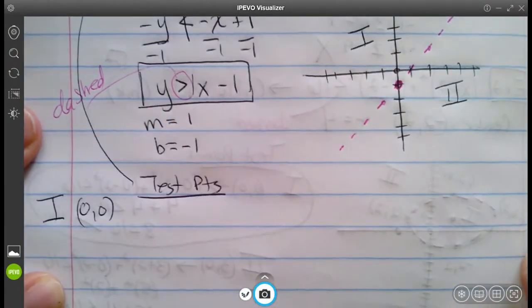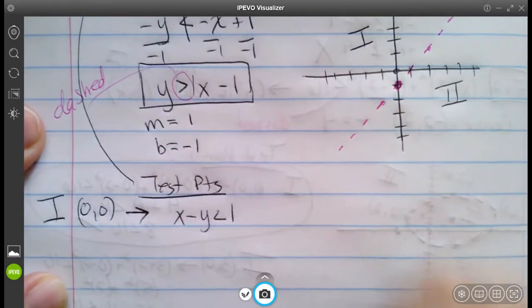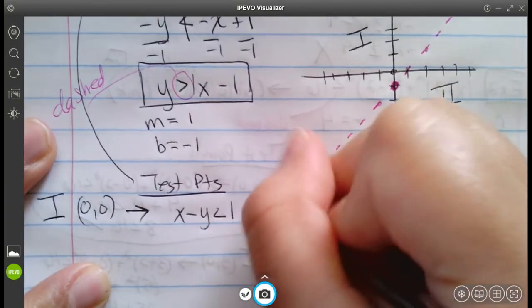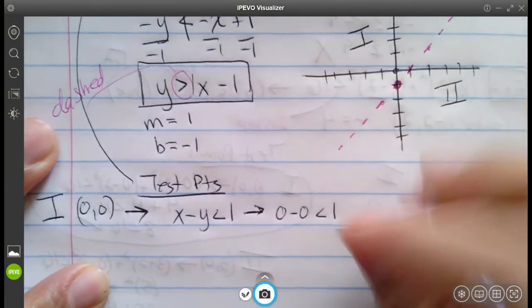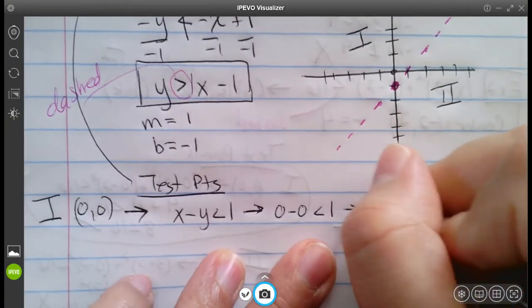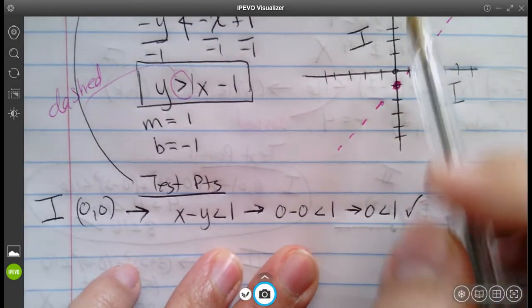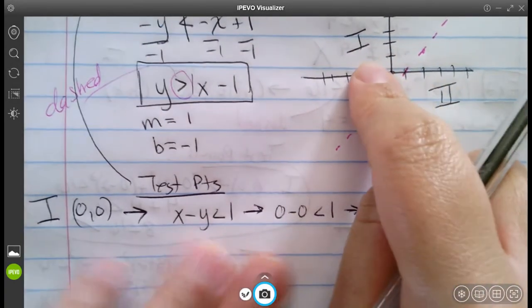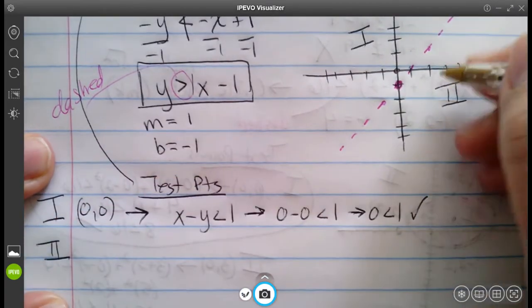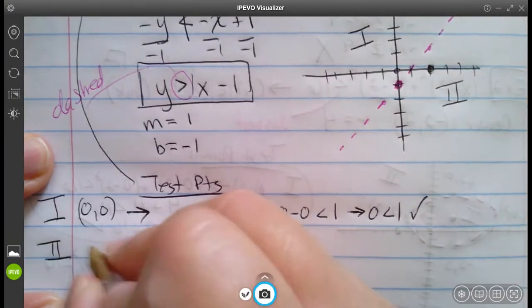So for region 1, we're going to plug into x minus y is less than 1, which would give us 0 minus 0 less than 1. 0 minus 0 is just 0. So 0 is less than 1. Yep, 0 is less than 1. So it's probably going to be region 1. But let's just make sure. So region 2, let's use 2, 0, this point right here.